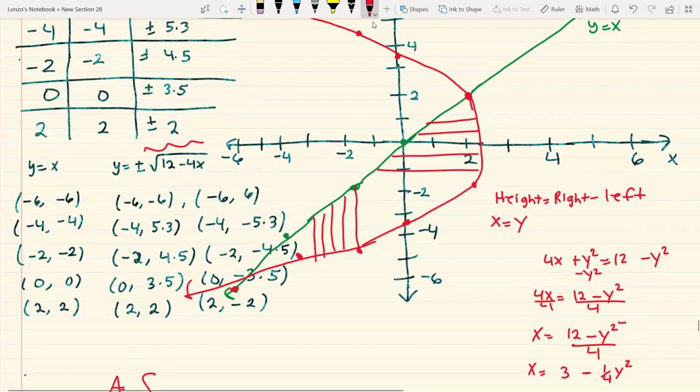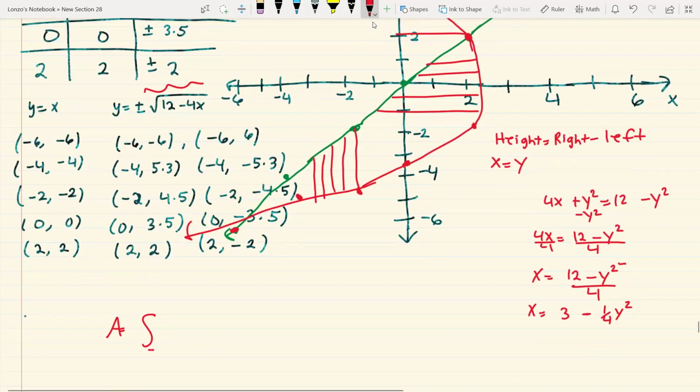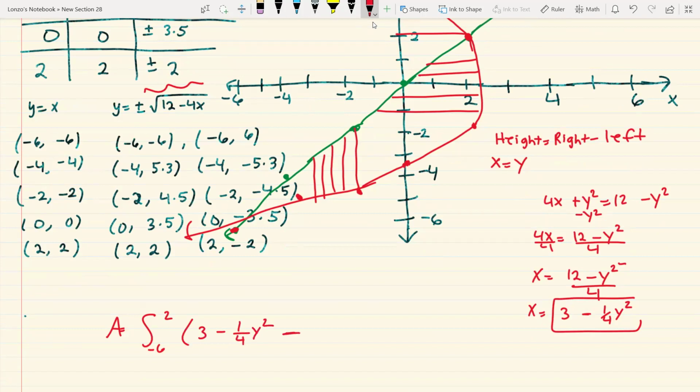And the highest y value would be at 2. And then it's the right minus left. So our right is this one. So it's 3 minus 1/4 y squared minus the left, which is y, dy.